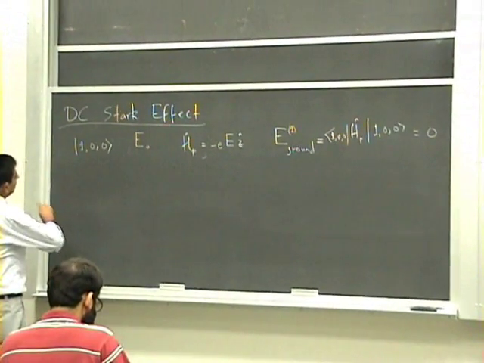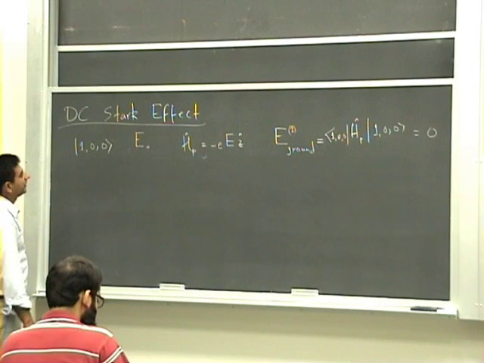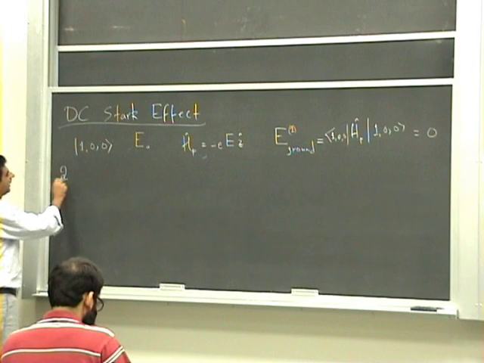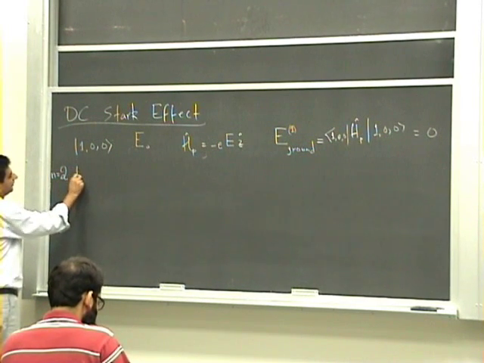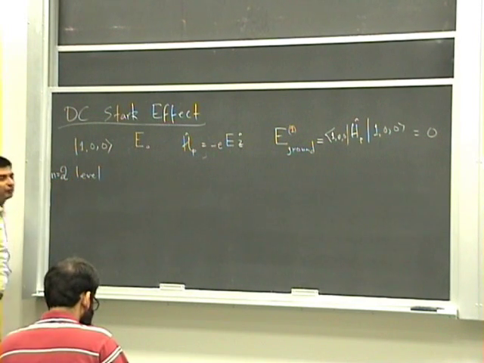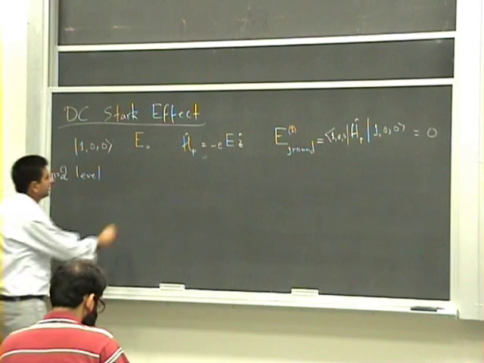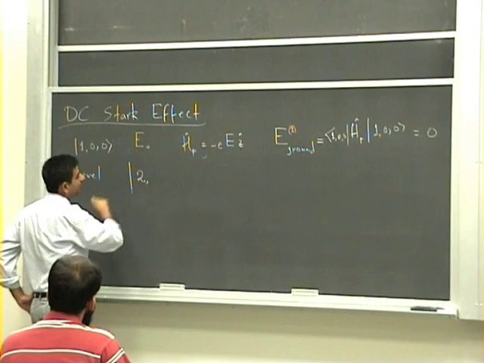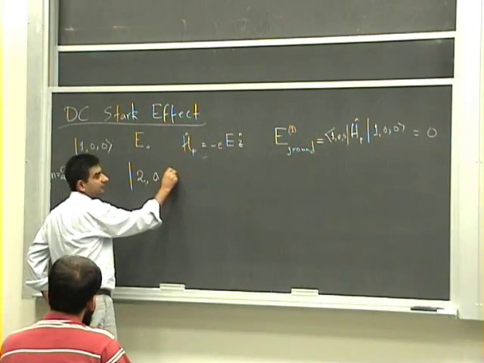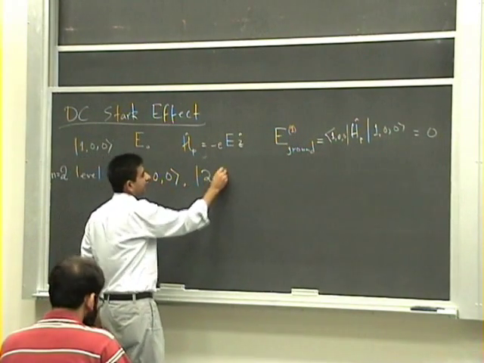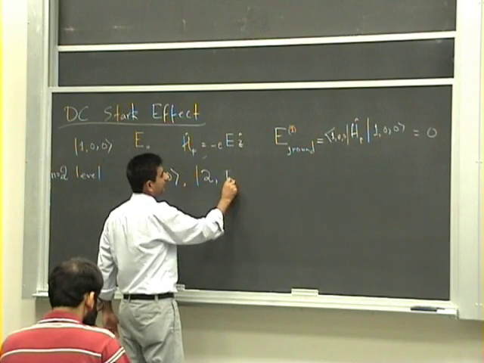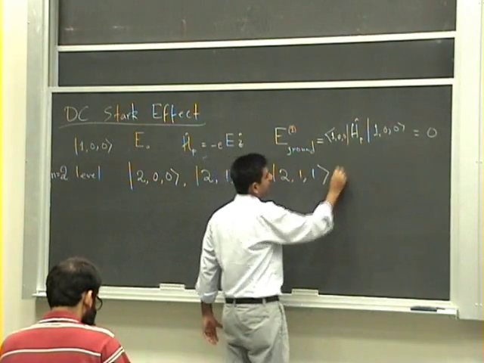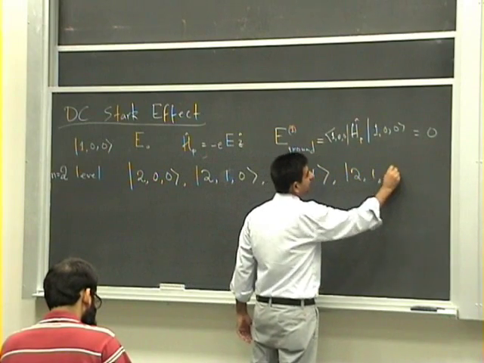Then we looked at what happens if the electron is in the n equals 2 level. Corresponding to the n equals 2 level, there are 4 possibilities: there is 2, 0, 0; there is 2, 1, 0; there is 2, 1, 1; and 2, 1, minus 1.